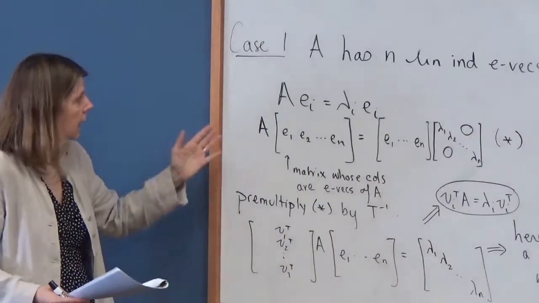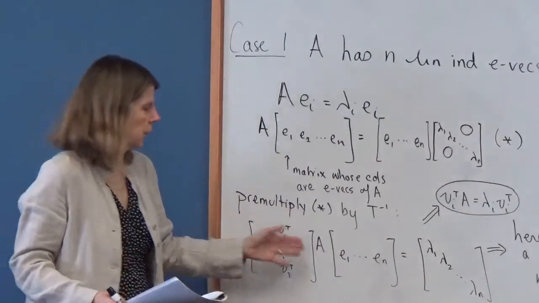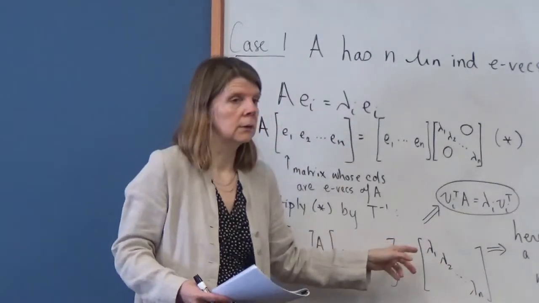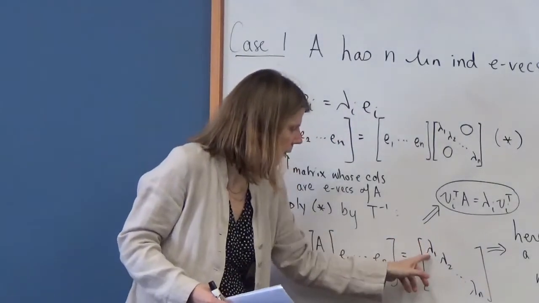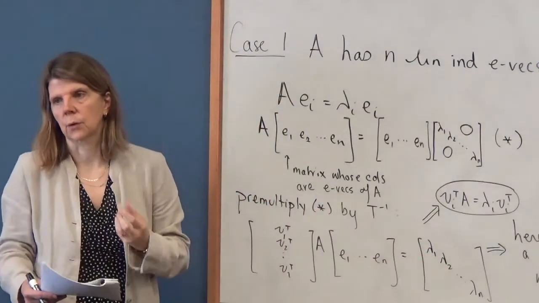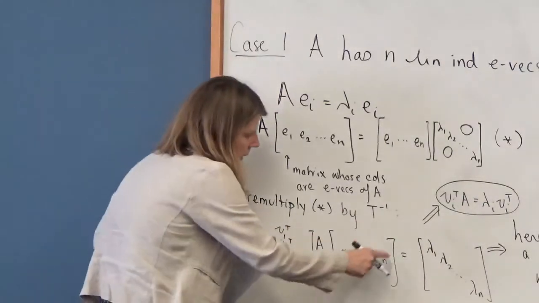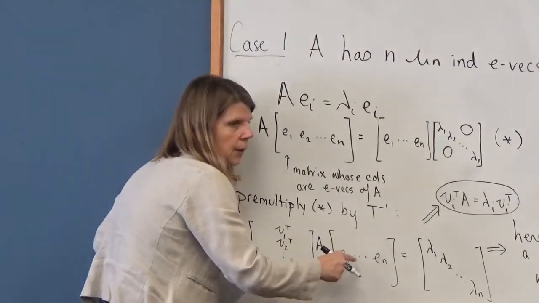In case 1, if A has n linearly independent eigenvectors, you can diagonalize it to a diagonal matrix whose diagonal entries are the eigenvalues corresponding to the eigenvectors. You can do that because this matrix exists and is invertible.